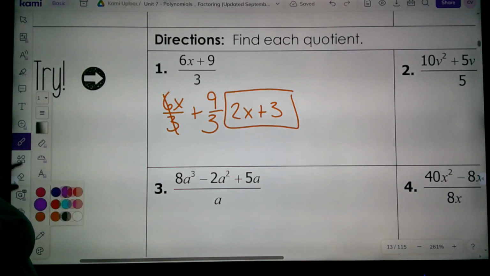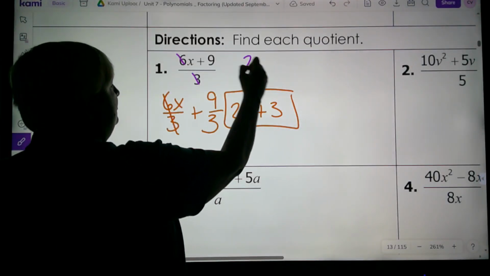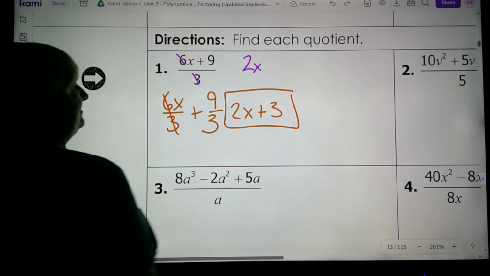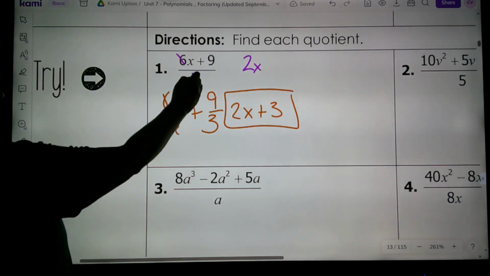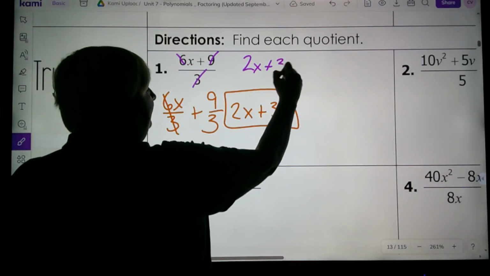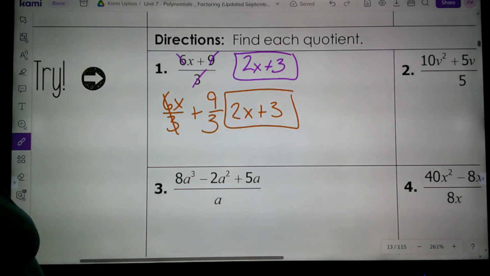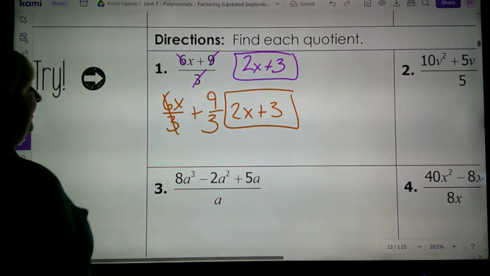But I could have done it from up here. 6 divided by 3 is 2. I'm left with an x, and then 9 divided by 3 is 3. Either way, I end up with 2x plus 3. And they can't be combined because they're not like terms.